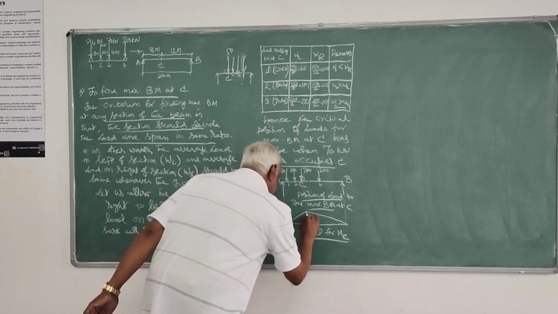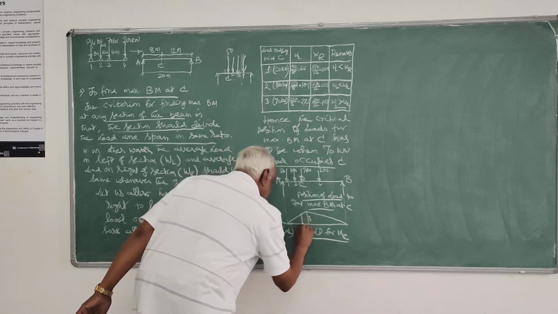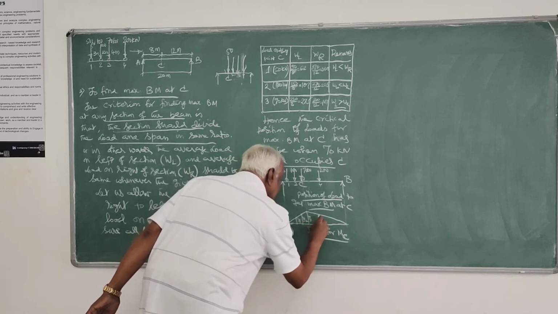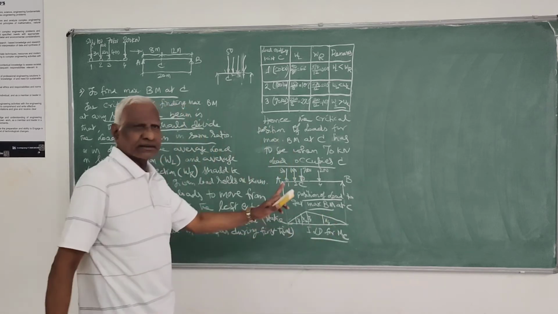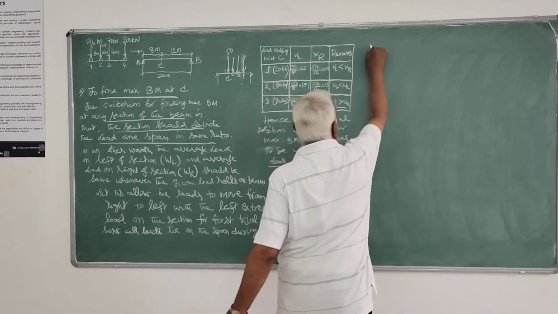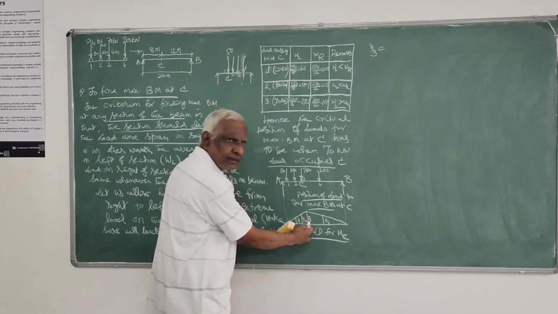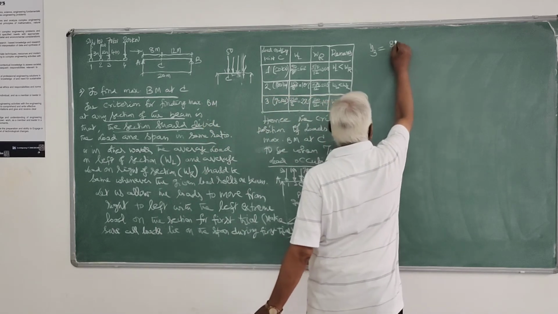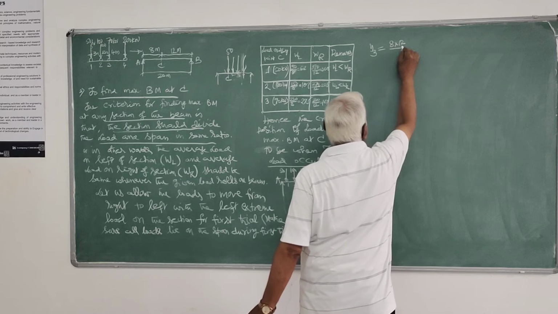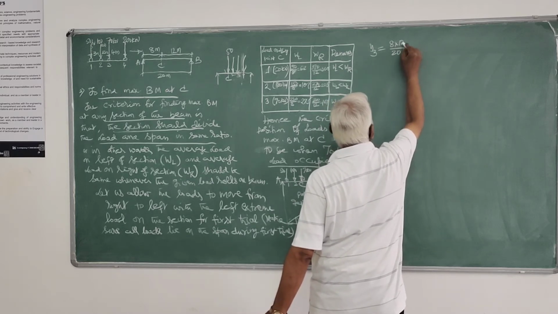This ordinate is Y3, this is Y2, this is Y1, this is Y4. You have to compute these things now. So Y3 will be equal to AB by L. A is 8 meters, B is 12 meters, that is 8 into 12 divided by L, that is 4.8.